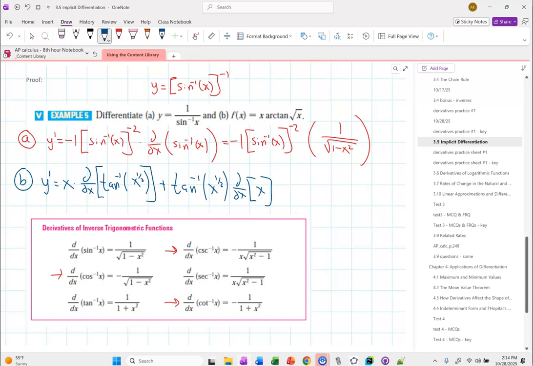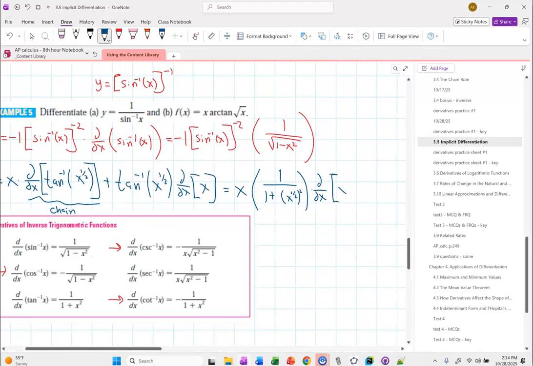Okay. So this guy is my chain, right? The derivative of the outside is going to be 1 over 1 plus stuff squared times the derivative of that stuff.